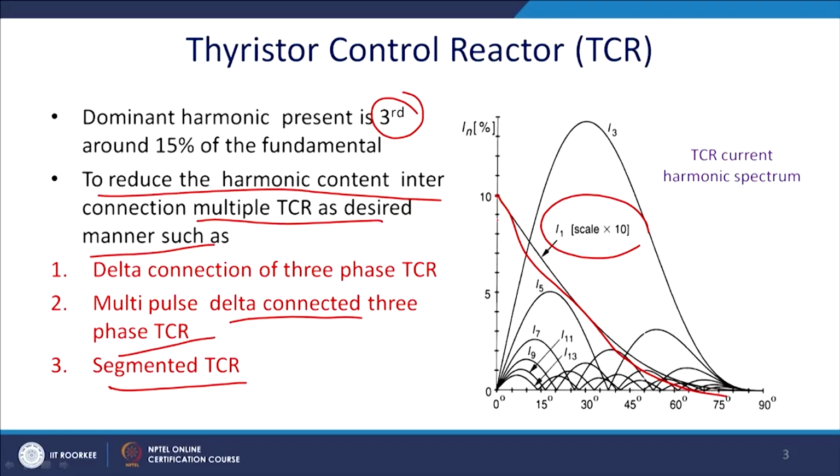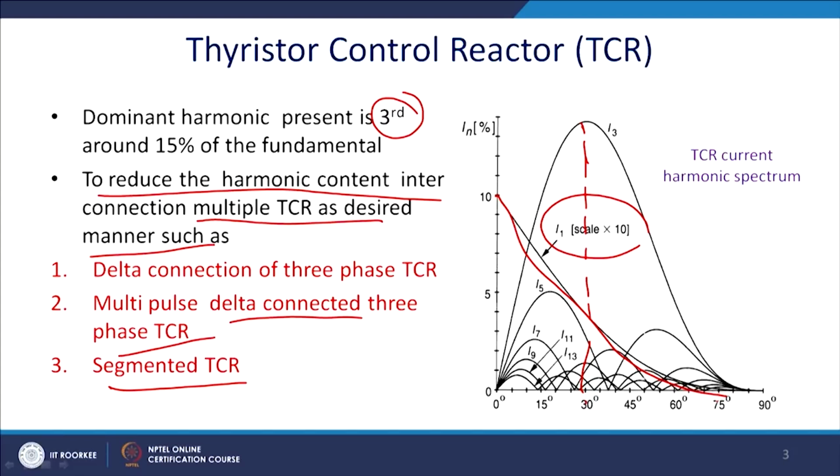you will see has a maximum just below or around 30 degrees, and it will be the most dominating harmonic. We require to suppress it, and unfortunately you can see that within any angle between 0 to 90 degrees it cannot be suppressed.